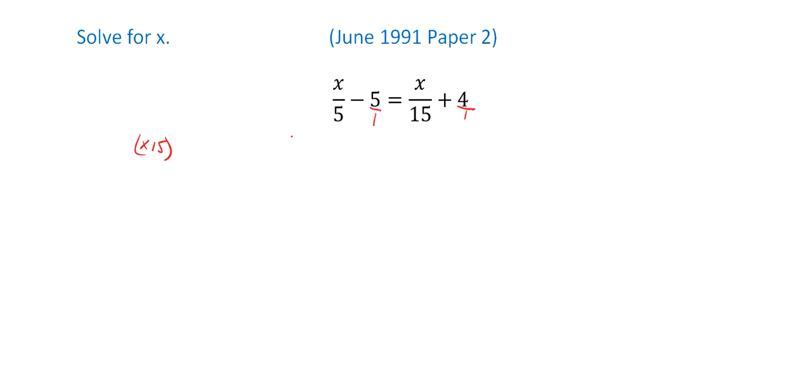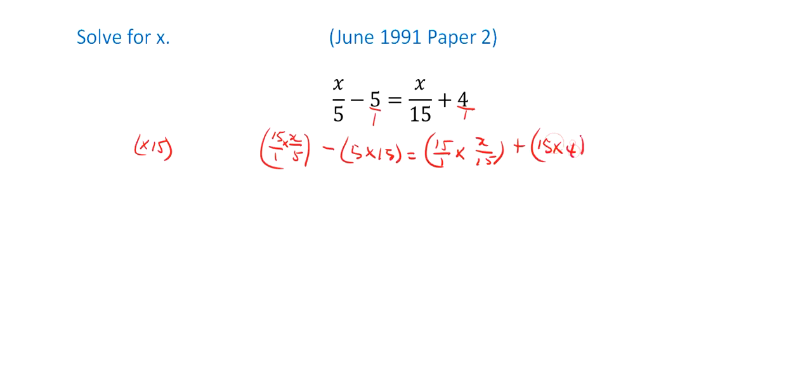Alright, so we end up with, if we multiply the first term by 15, we'll end up with 15 by x over 5, which is the same as saying 15 over 1 by x over 5, minus 5 multiplied by 15, which is equal to 15 over 1 multiplied by x over 15 plus 15 multiplied by 4.